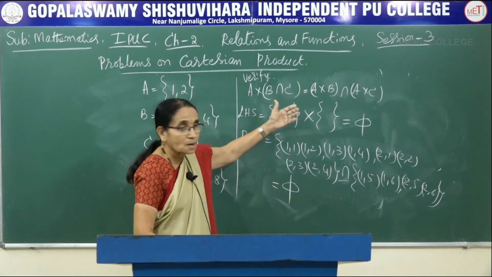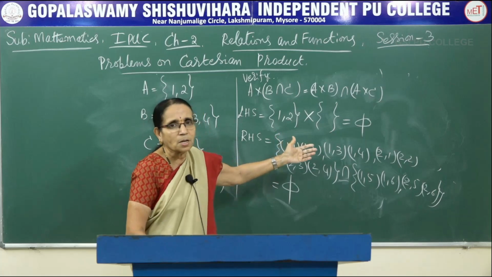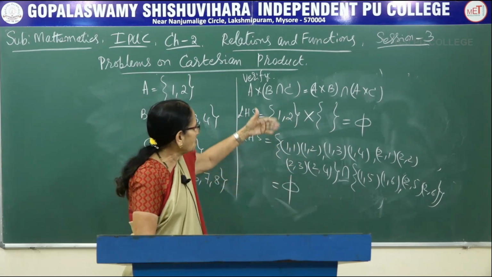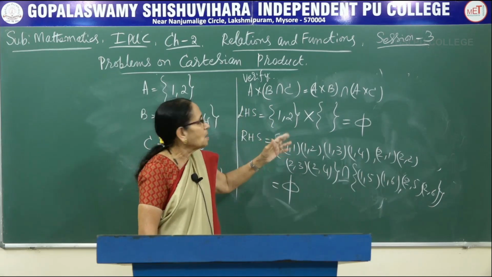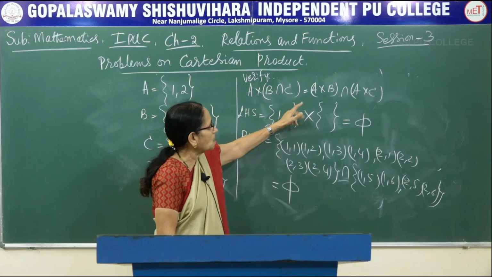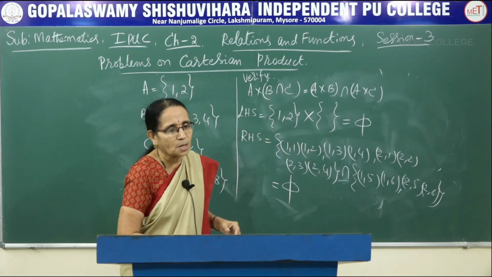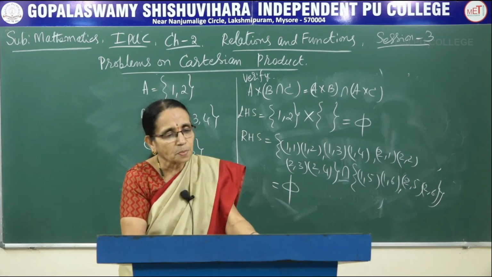This is a general statement: both of them should be equal to each other. In this problem, I got it to be a null set. It will not always be a null set. Only because of the sets that have been given to us, we got the null set. A cross B intersection C will always be equal to A cross B intersection A cross C. That is nothing but a distributive property. You can see that they are equal to each other.